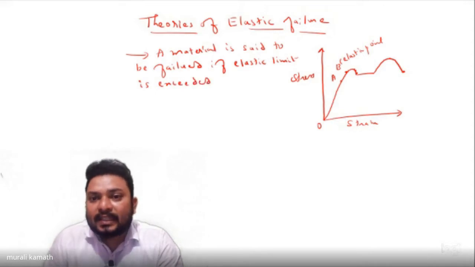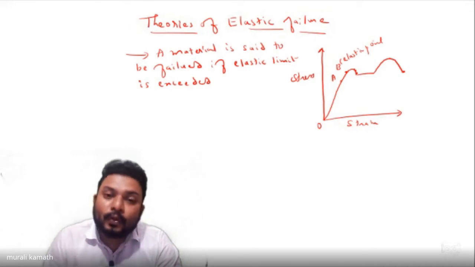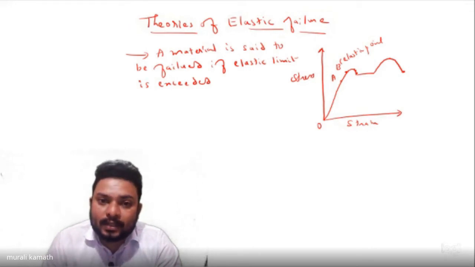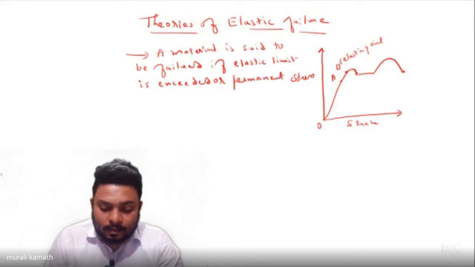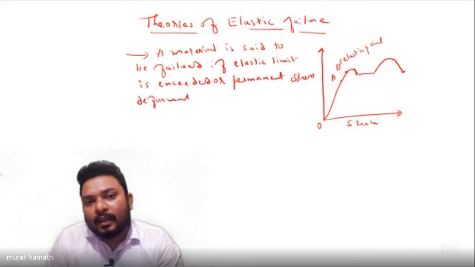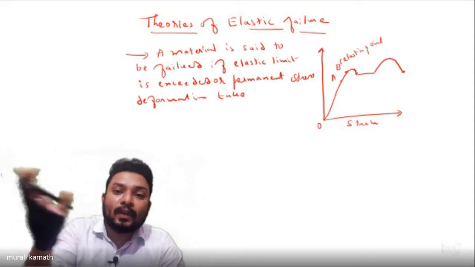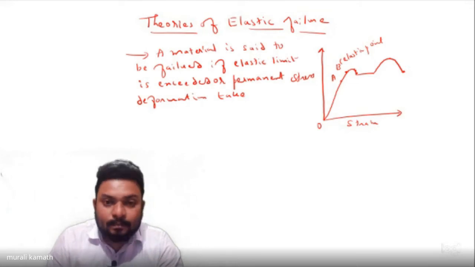Whenever the elastic limit is exceeded, it goes for failure, or you can say permanent deformation takes place. It means there will be deformation, so the original shape and size will not be there.